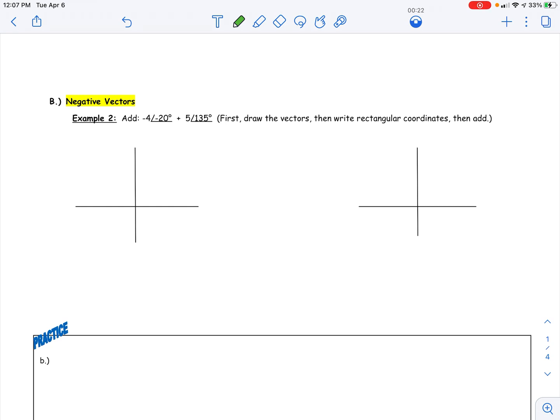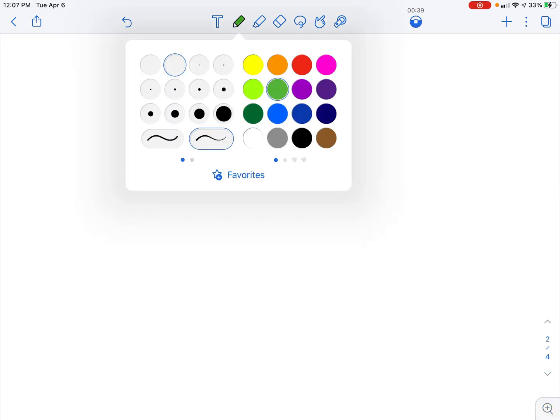If you want to open your books, it might be easier for you to look at this particular image in your books. Go to page 317 with me. At the bottom, you're going to see there 76 point B, negative vectors. As you're looking at that, I'm going to quickly draw it out so we can look at it together.